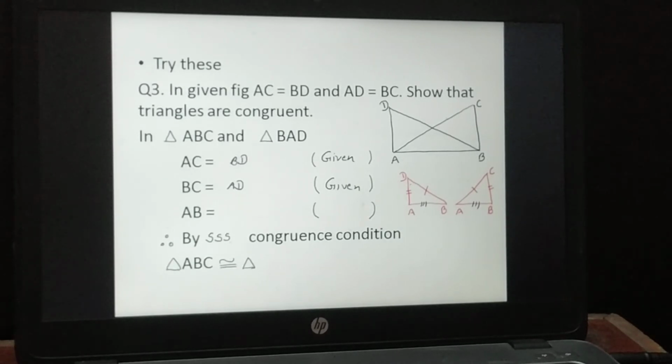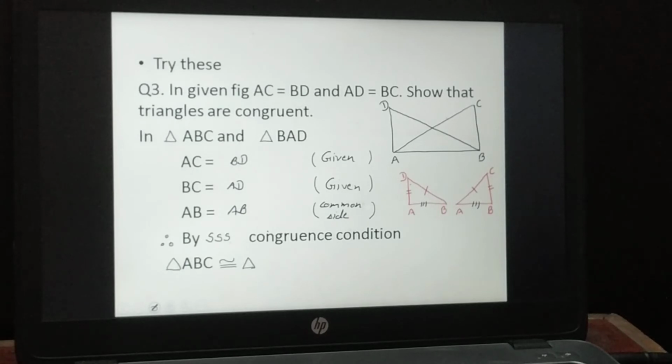Below ABC you will write down all the parts of triangle ABC and below triangle BAD you will write down all the parts of triangle BAD. Now AB is equal to AB. What is the reason? The reason we will write down is common side. This side is common in both the triangles. So the reason will be common side, and now these two triangles are congruent.